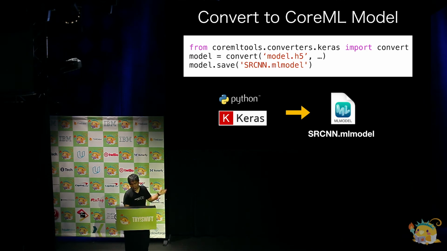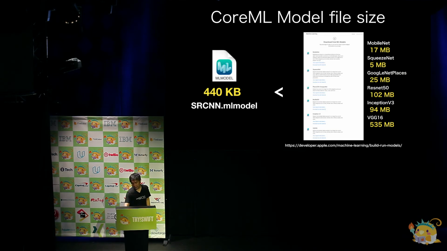You will notice here that the file size of the model we created is quite small at only 440 kilobytes. Apple has released a large number of pre-trained ML models, and if you compare the file size with my model, you will see just how small our file is. Since the model size is small, there is no worry about enlarging the binary size of your app.